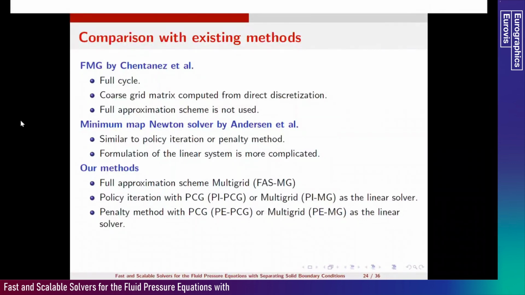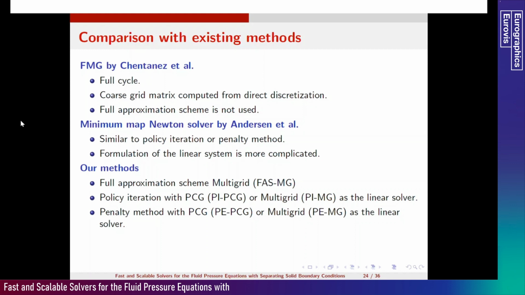We compare our methods with the two existing methods. The multigrid by Chatterton's ADA uses a full cycle and constructs the coarse-grid matrix through direct discretization. Instead of using FAS, their multigrid is based on the linear version. Another method to compare is Newton's method.